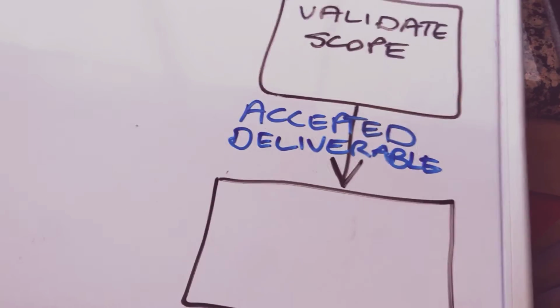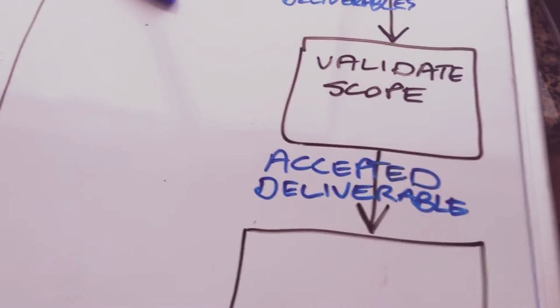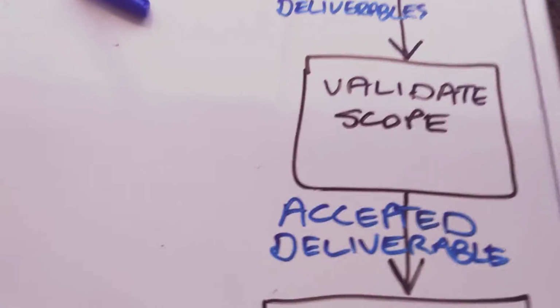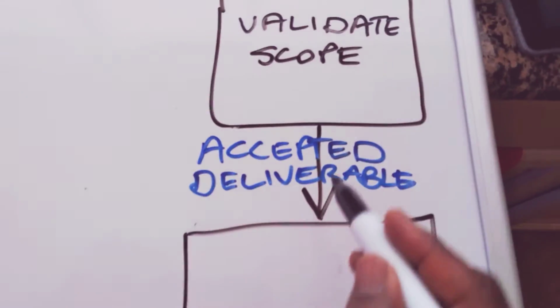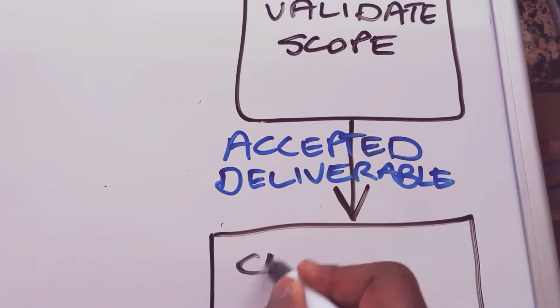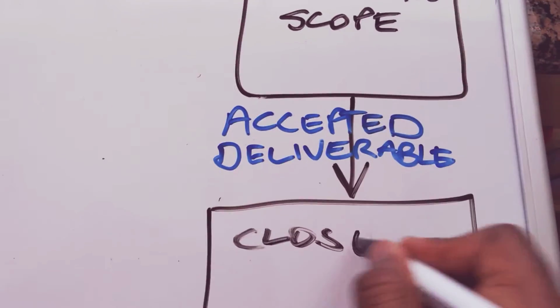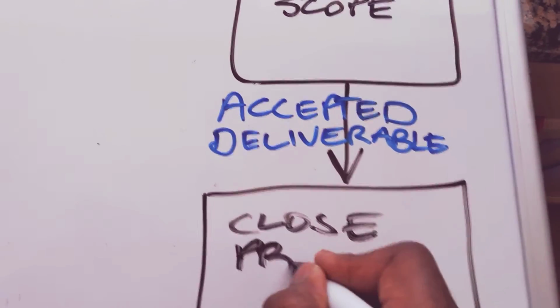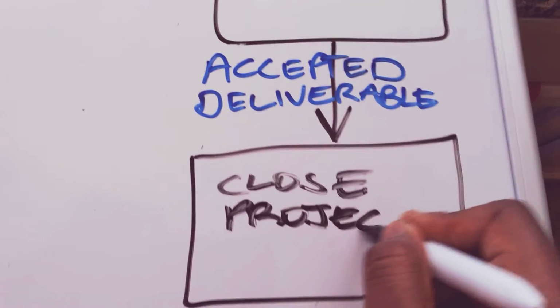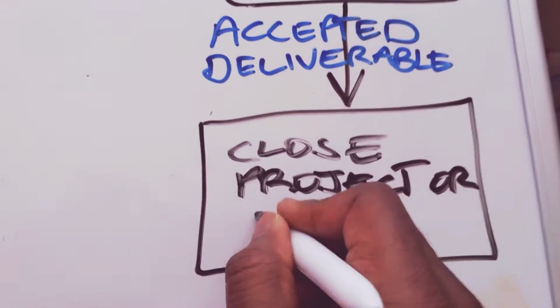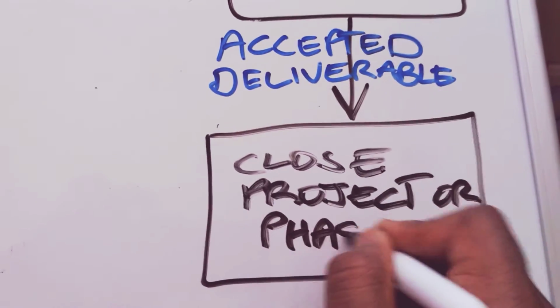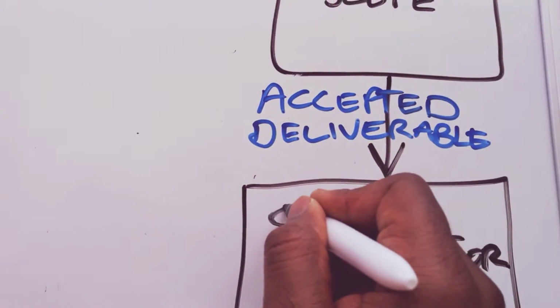But the deliverable, even though accepted, is not actually transitioned to the client until we get to a process known as close project or phase. So the accepted deliverable becomes an input to close project or phase. And this is where we close out either the project or phase.